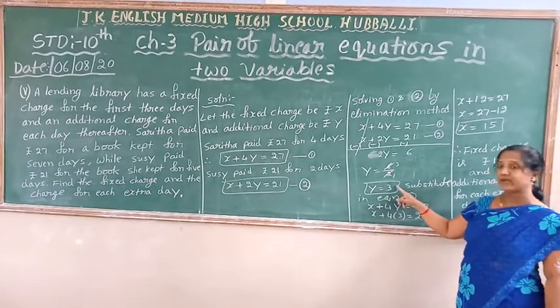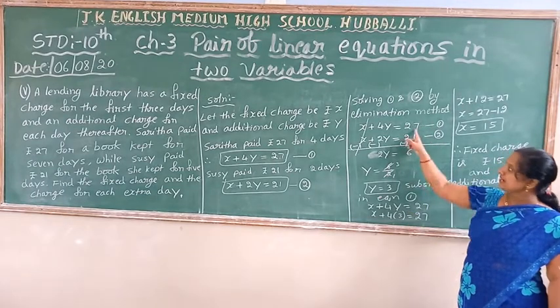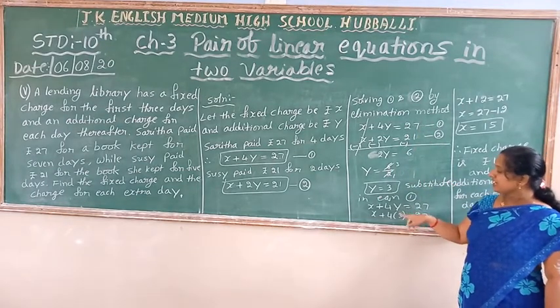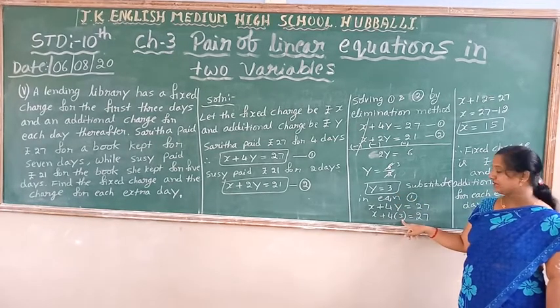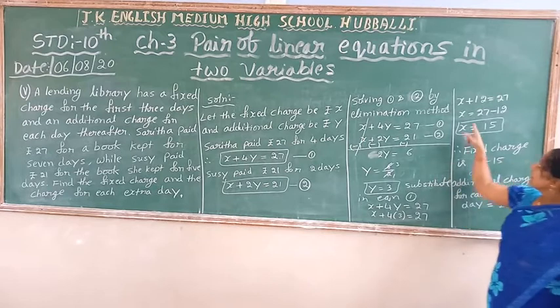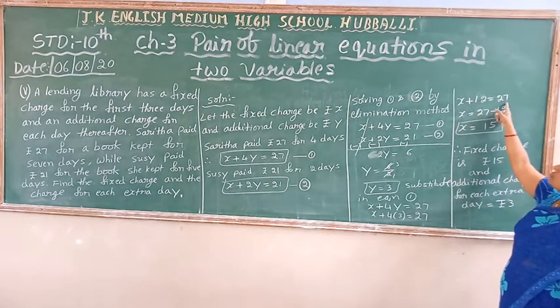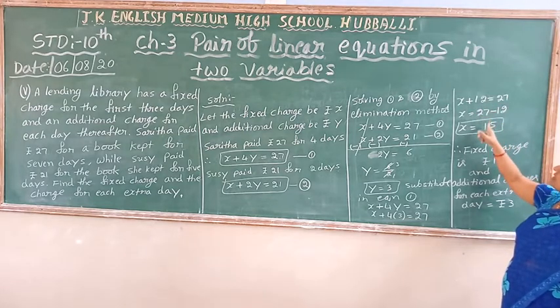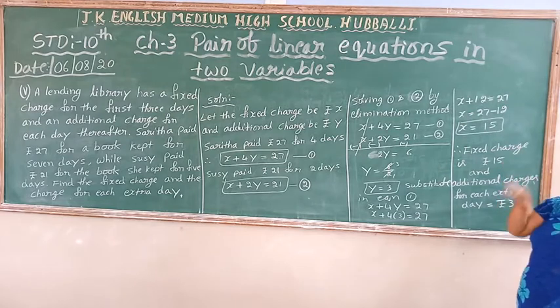Substitute this y value in one of these equations. So I consider the first equation, x plus 4y is equal to 27. In place of y I substitute 3, because I got the value of the y variable. Simplify, and you will get the x value as 15. x plus 12 is equal to 27. Take the 12 to this side and it becomes 15. x is equal to 15. x is nothing but the fixed charge for 3 days.